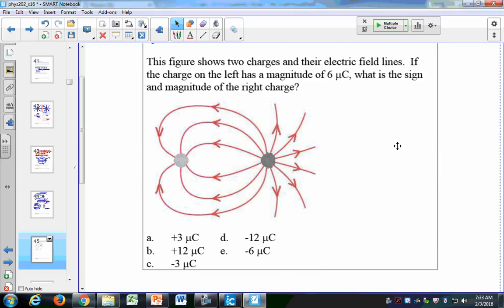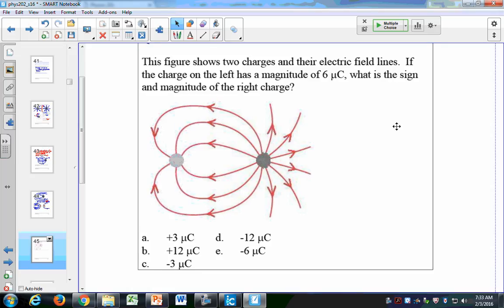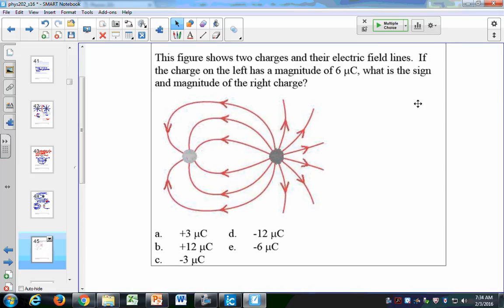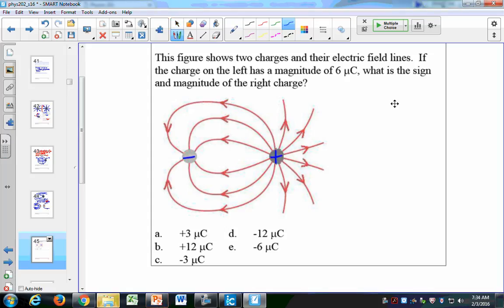So I know this one is positive, this one is negative.